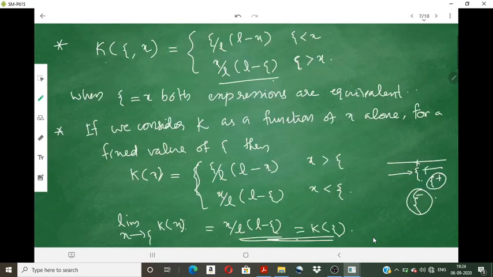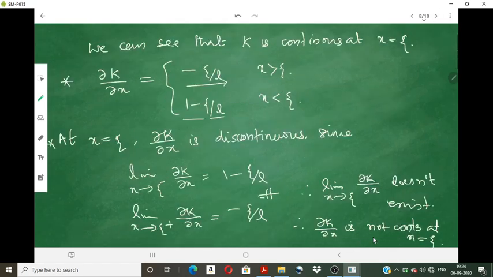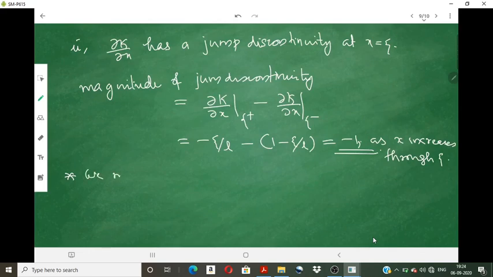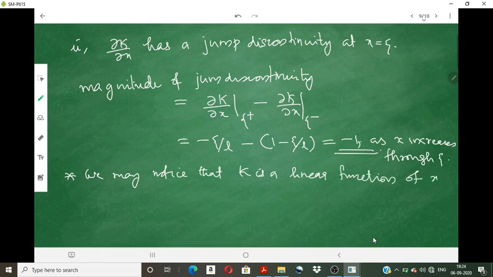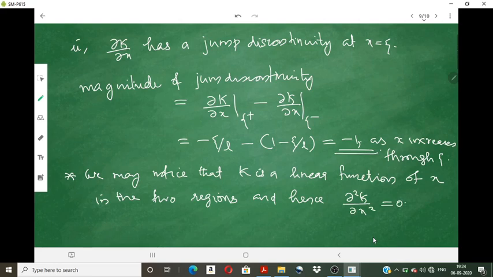If we consider k itself, we can see that in the two regions, k is a linear function of x, and hence ∂²k/∂x² is obviously equal to 0.